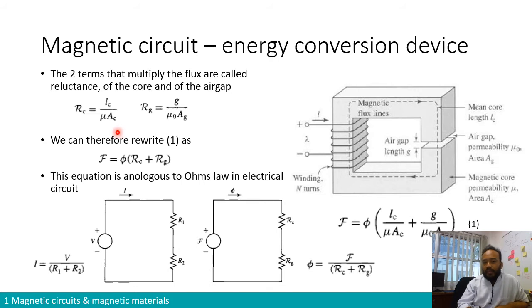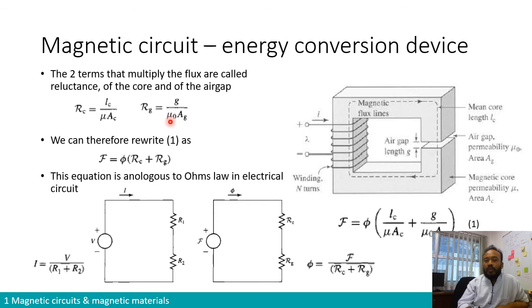If we try to replace these terms of reluctance with values, we know that the reluctance of the core will be much smaller compared to the reluctance of the air gap. Why? Because if you look at AC and AG, the cross sections will be more or less equal. G would be smaller compared to LC, but mu of the core is much larger than mu 0.